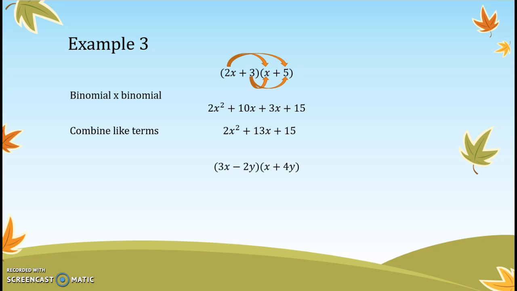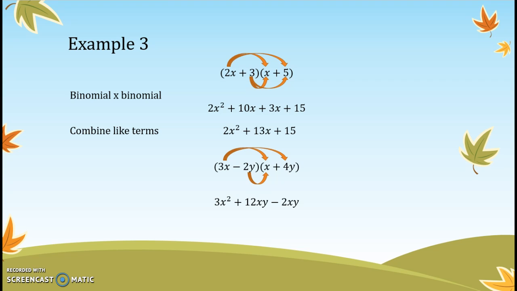Here I have 3x minus 2y times x plus 4y, another binomial times binomial, so we'll share all of our pieces. 3x times x is 3x squared. 3x times 4y is positive 12xy. Negative 2y times x is negative 2xy.